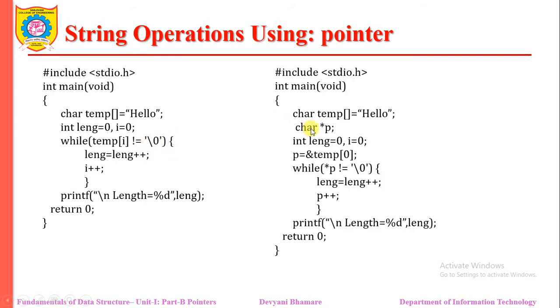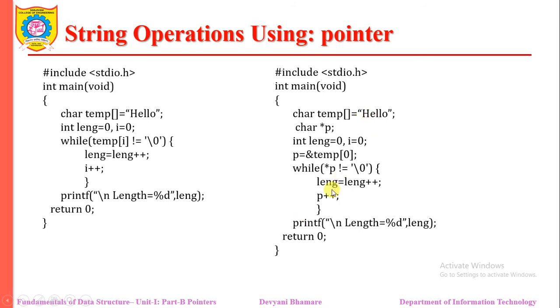So here we are declaring p as a pointer of type character. p is pointing to the first element of our array. Until the value at that pointer is null, we need to increase that counter. Once the character is not null, I need to make p point to the next element.